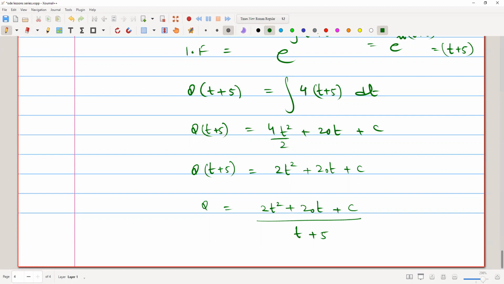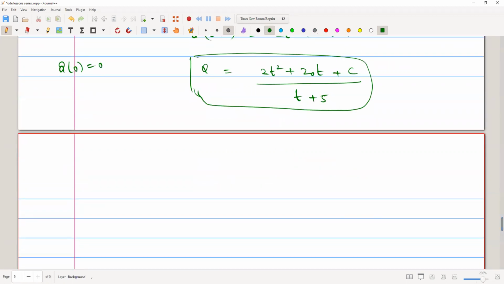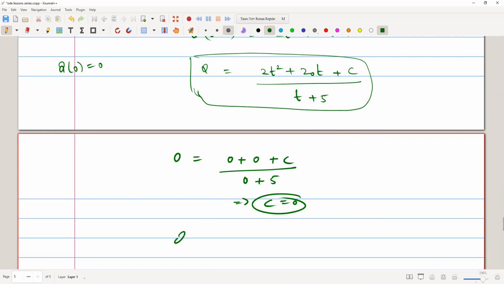The initial condition is that there is no salt present in the tank, so Q(0) equals 0, which implies that we can find C. So 0 equals 0 plus 0 plus C divided by 0 plus 5, which implies that C equals 0, so the expression becomes Q(t) equals (2t squared plus 20t) divided by (t plus 5).